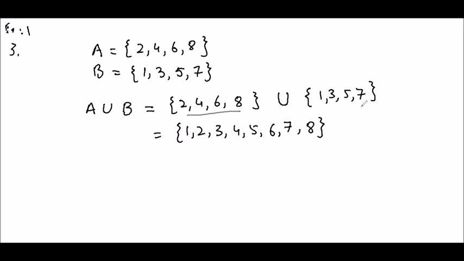This is the correct way. So I think that you have understood union of two sets. Now I want to solve one more question, question number 4 of union, then we will come to the intersection. Now there are two sets.